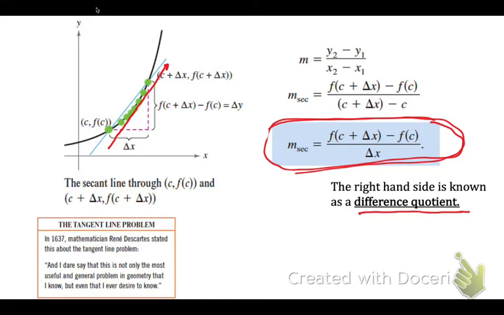Just a little fun fact. In 1637, the mathematician Descartes stated this about the tangent line problem: "I dare say that this is not only the most useful and general problem in geometry that I know, but even that I have ever desired to know."